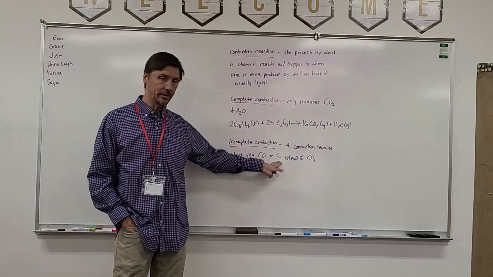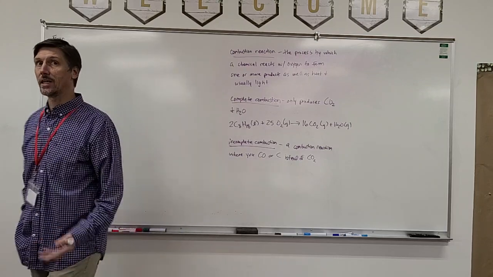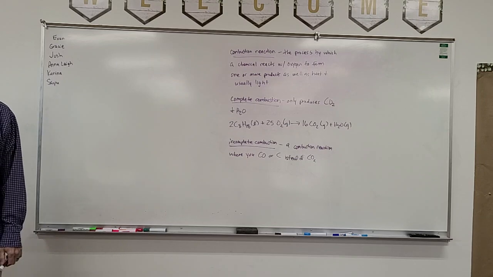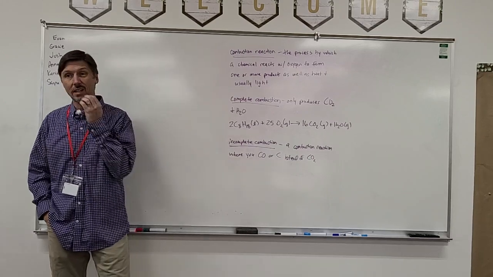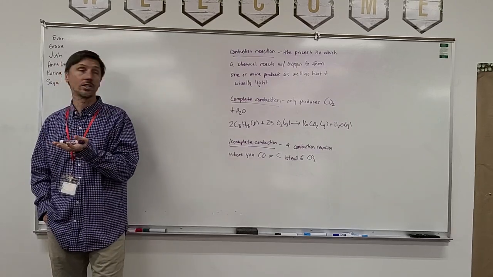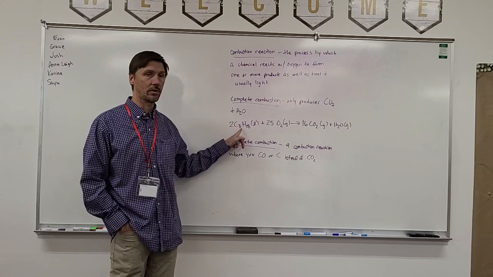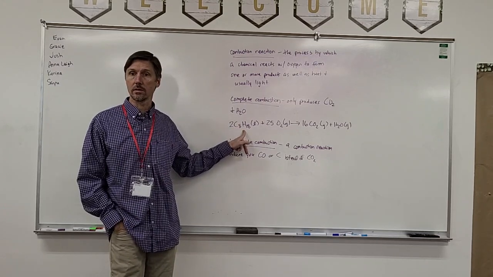What do they have less of than CO2 does? They have less oxygen, right? And so typically what happens in incomplete combustion reactions, there's a lack of oxygen. There's not enough oxygen to fully react with whatever the chemical is that we're burning, okay?